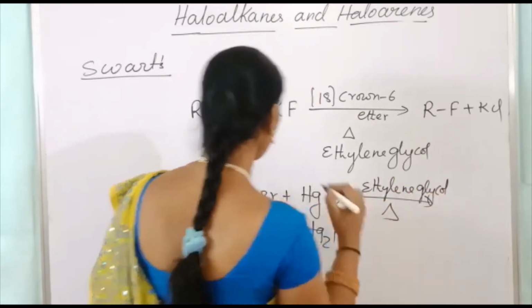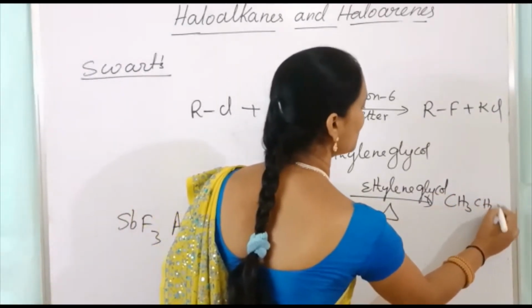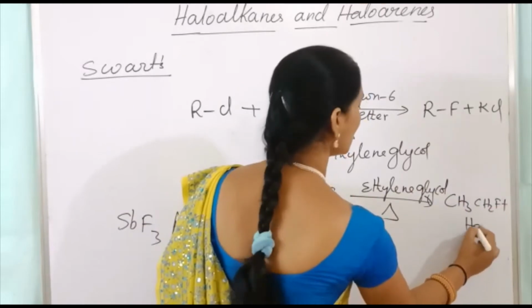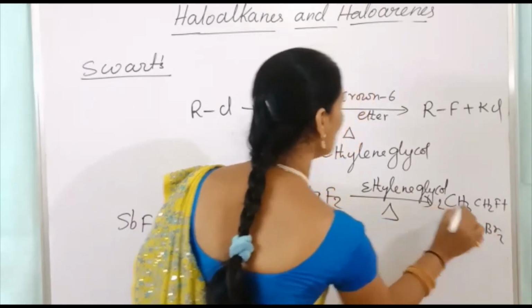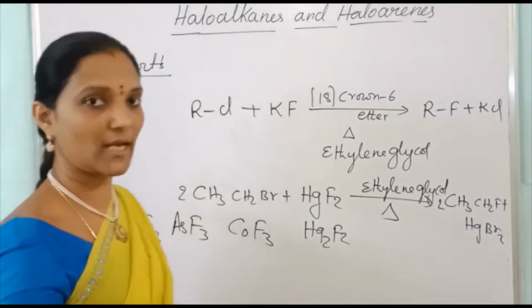On heating, halogen exchange takes place, giving CH3CH2F plus HgBr2, that is 2 moles. So this reaction is the Swarts reaction.